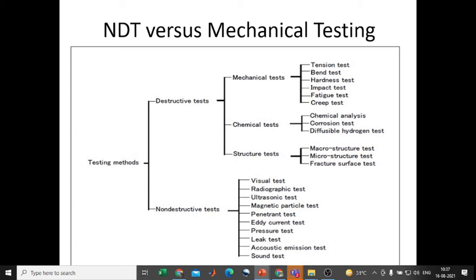Due to that elastic deformation, the material emits some elastic waves. These elastic waves are called acoustic waves. So we can examine the materials with this kind of elastic wave emission. From this we can easily examine crack initiation before the cracks fully develop.